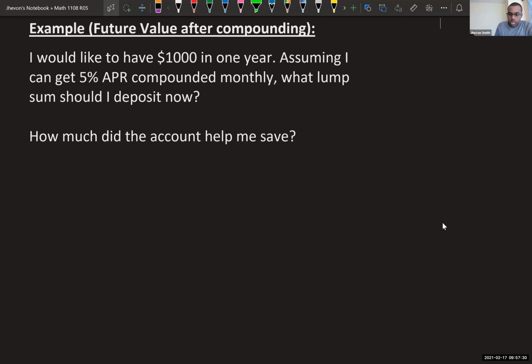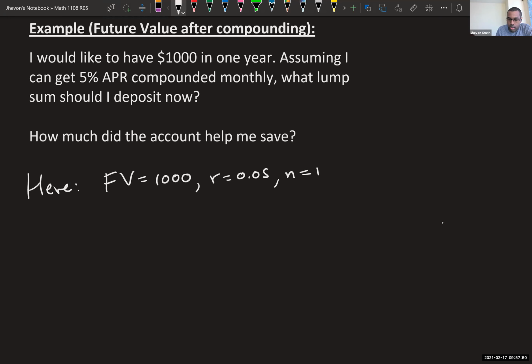Okay, so yeah, here. I know that I want the future value to be 1,000. And I know that I'm getting 5% APR, compounded monthly over 1 year.